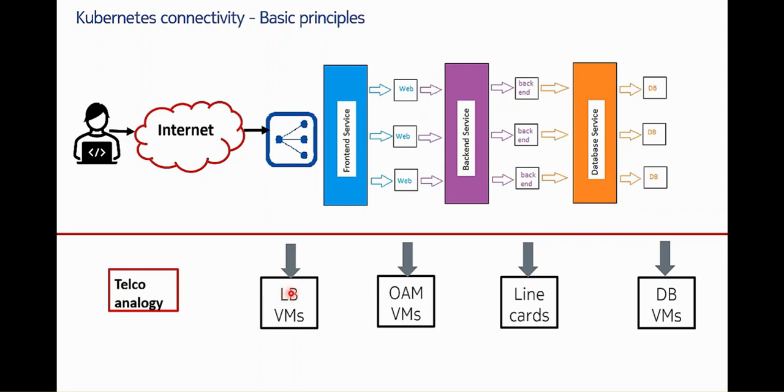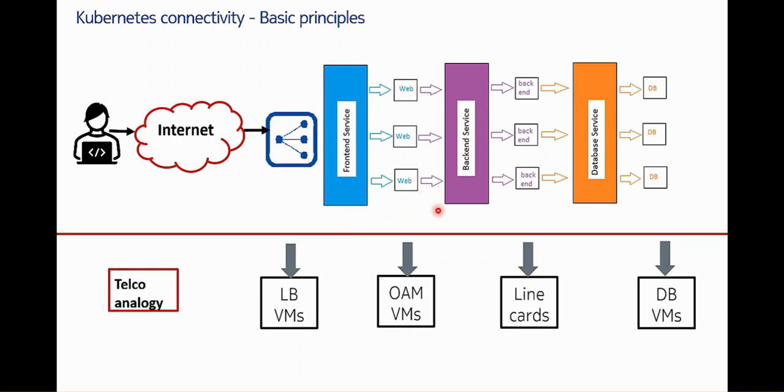When this architecture was containerized into Kubernetes, it is going to have this correspondence. How? Instead of LB VMs, we are now going to have a load balancer service in Kubernetes, which will load balance and provide access to the front-end component. The front-end component right now is the O&M, so you can consider these web pods as your O&M VMs.